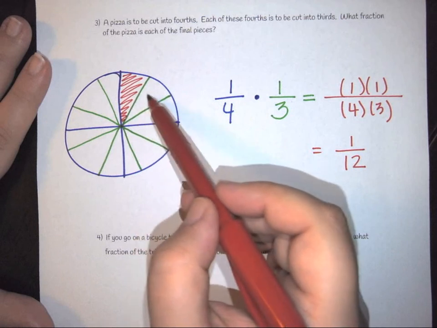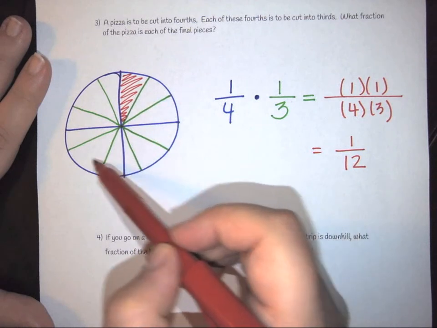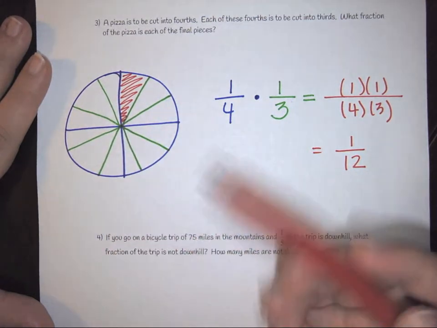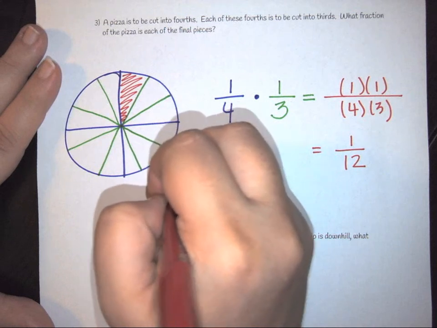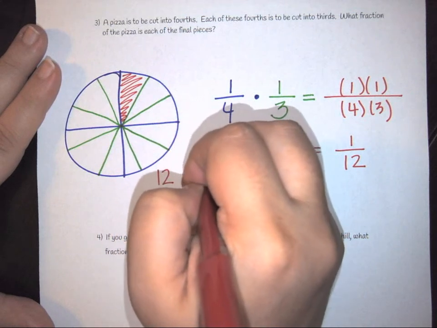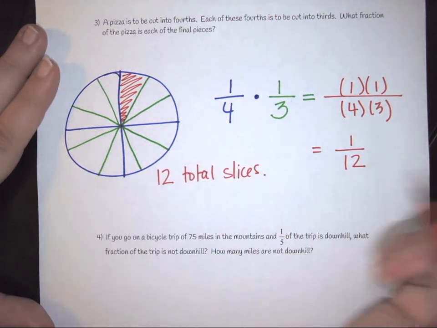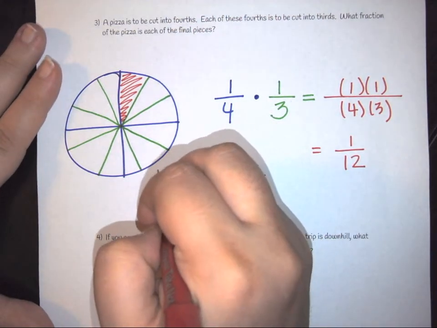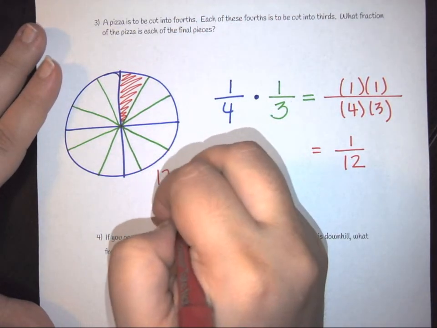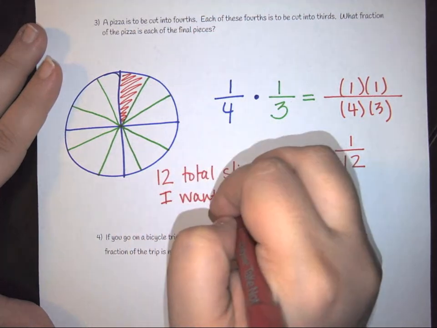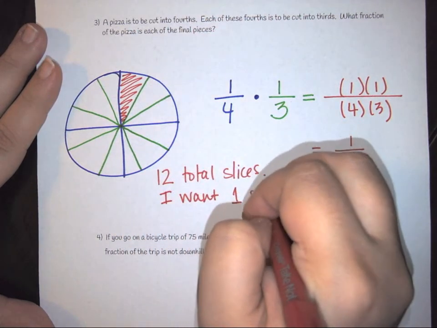Now that should actually make sense, because if we were to just simply add up all the slices, 1, 2, 3, 4, 5, 6, 7, 8, 9, 10, 11, 12, we have 12 total slices. And then I want 1 slice.